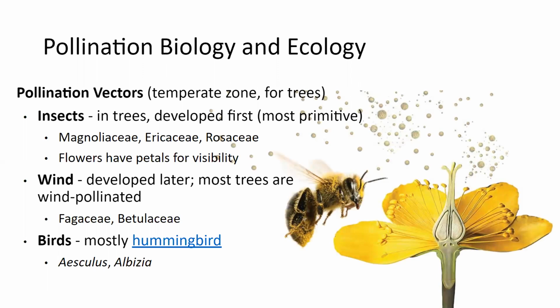So let's talk a little bit about pollination vectors in trees in the temperate zone, which is where we are. So the most primitive plants, as we discussed before, were insect pollinated. And so that includes our Magnoliaceae, and then later Ericaceae and Rosaceae. So these are all trees that rely on insects for pollination. And these are also families that have showy flowers.